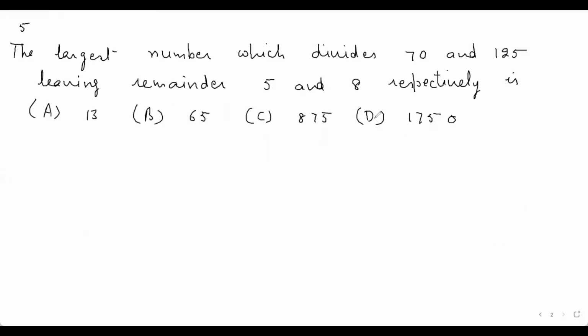Now the fifth question is the largest number which divides 70 and 125, leaving remainder 5 and 8 respectively. There are 4 options. First option A is 13, B is 65, C is 875, and D is 1750. You have to find the right one. You are to find the largest number which divides 70 and 125, and that leaves the remainder 5 and 8 respectively.